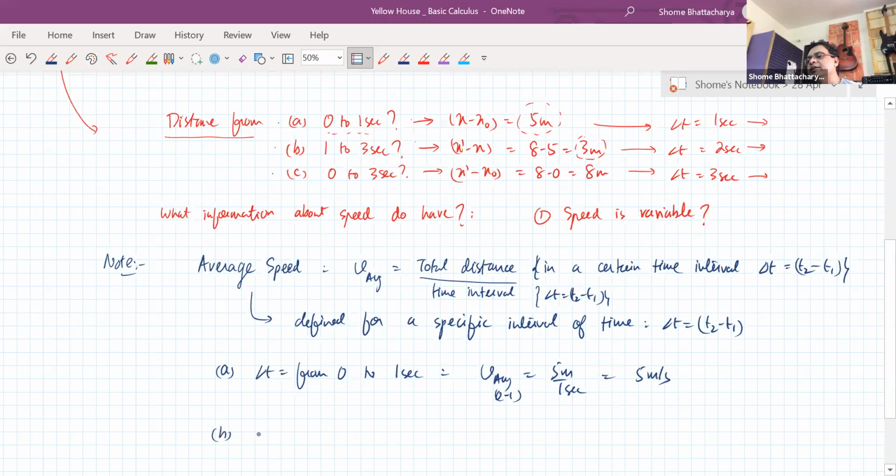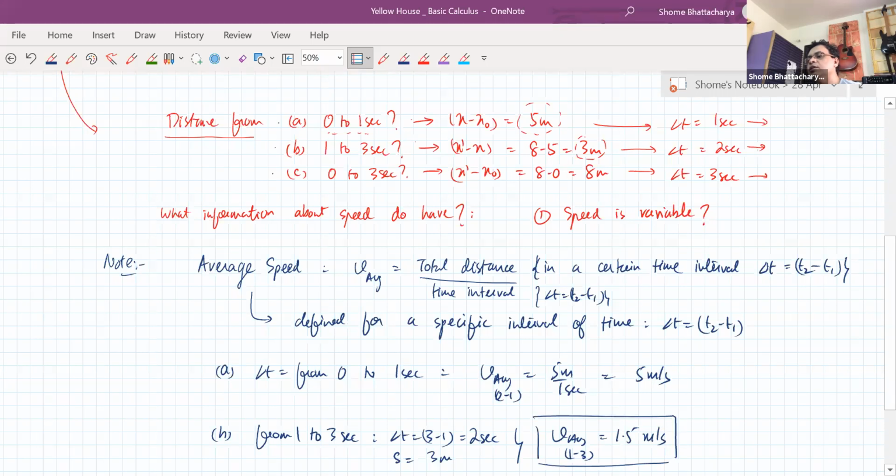But for the second interval, from 1 to 3 seconds, my delta t is 3 minus 1 or 2 seconds, whereas the distance is equal to 3 meters. So the average speed from 1 to 3 seconds will just become 1.5 or 3 by 2 meters per second. So these two values, I hope, are clear to all of you.